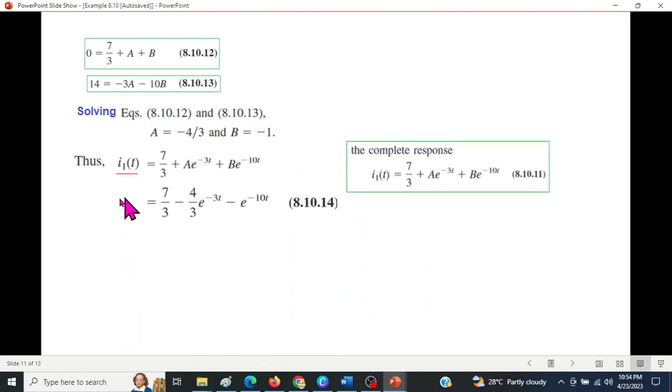So our equation with these values put in, this was the equation. And here, we just put the value of A and put the value of B. So this is our final equation number 1, I1T.